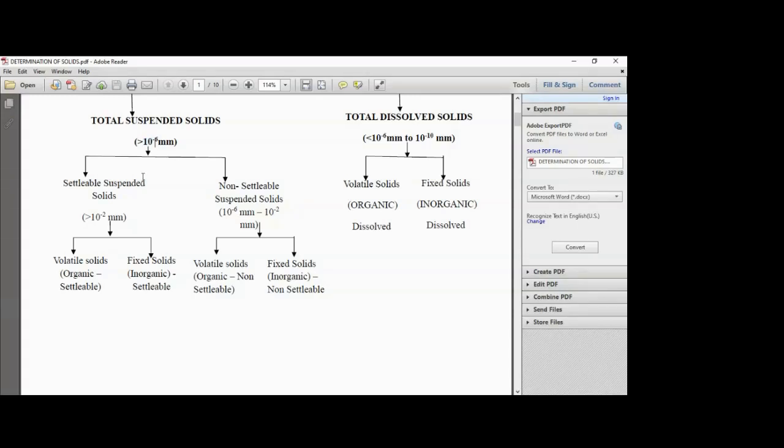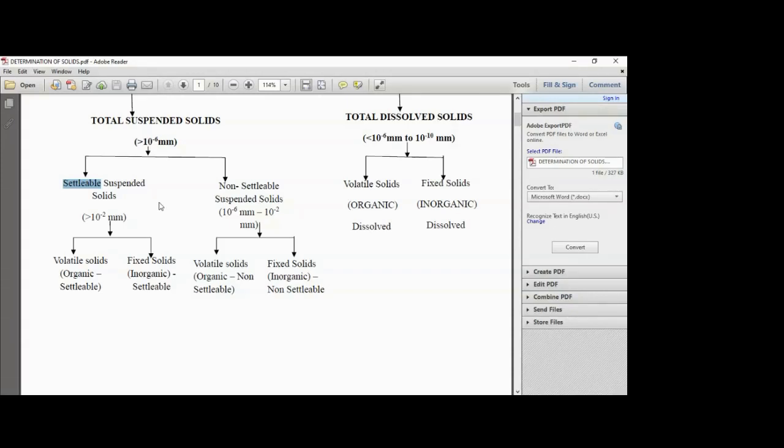Another criterion for the particle to get settled is the specific gravity. So the specific gravity of that particle should be more than 2.65. See, if the specific gravity of the particle is more than 2.65, it will have the tendency to get settled. So I have told you two criteria which will decide if the particle is settleable or not.